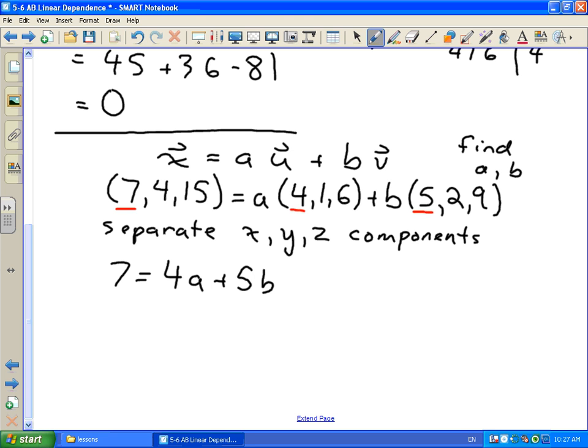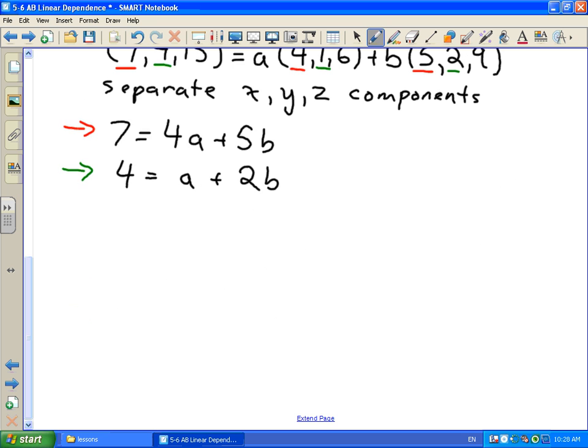If we look at our y components, we're going to have 4 equals 1 times a, or just a, plus b times 2, or 2b.